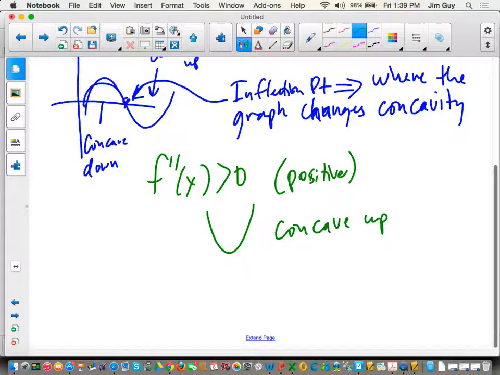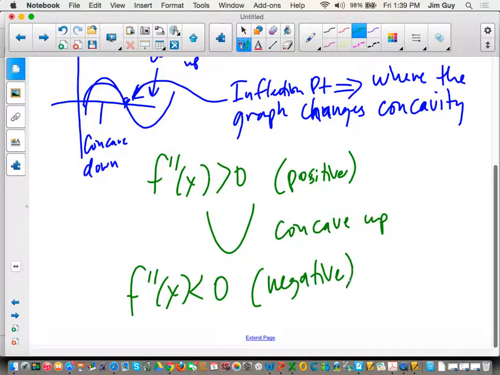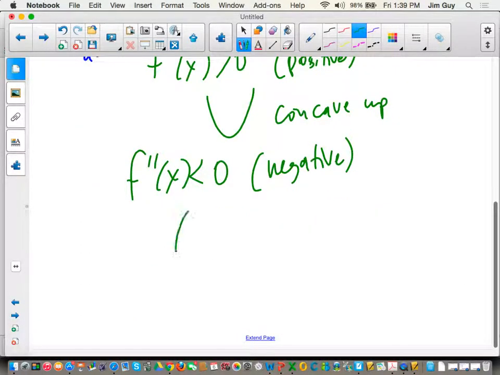If the second derivative is negative, then it's a frowny face. That's concave down. Just like when you study quadratics and the number in front: if it was positive, it was a smiley face. If it was negative, it was a frowny face. Okay?